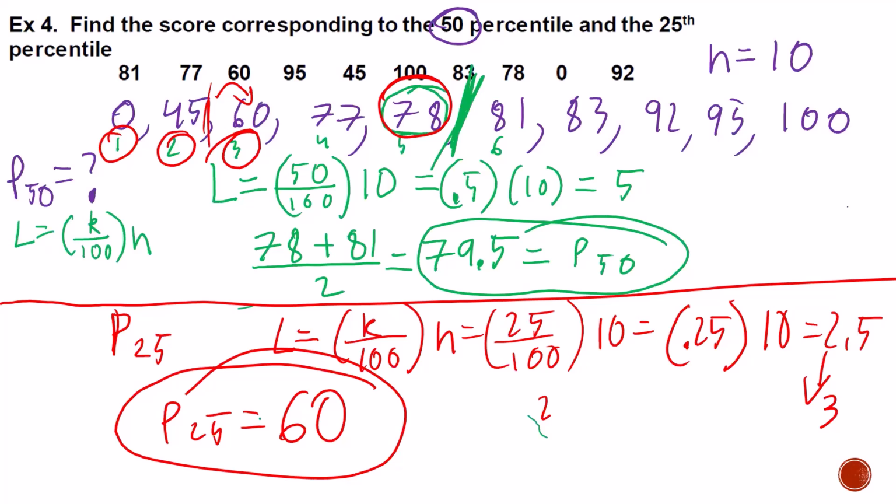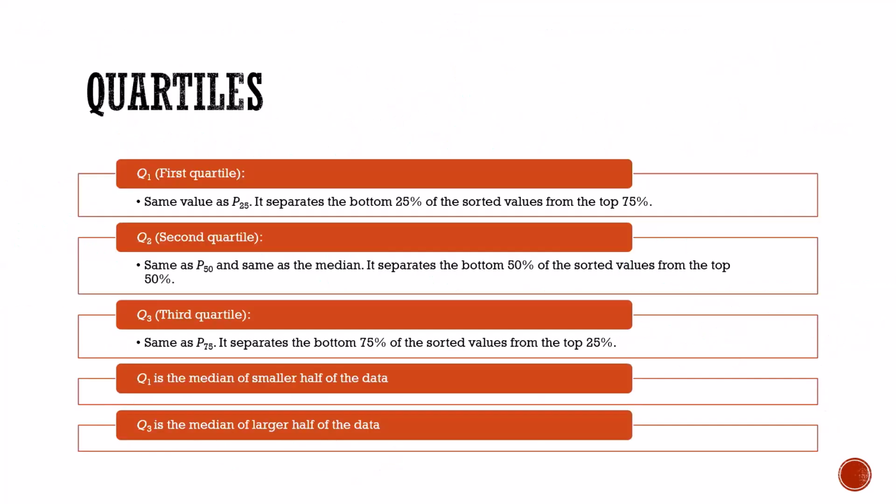Questions? Okay. So you could divide all of your data into 100 pieces, that's what percentiles do, but that's a lot of information. A more convenient option is to divide into quartiles, so dividing it into 4 pieces that aren't equally long, but each of them has 1/4 of your data.